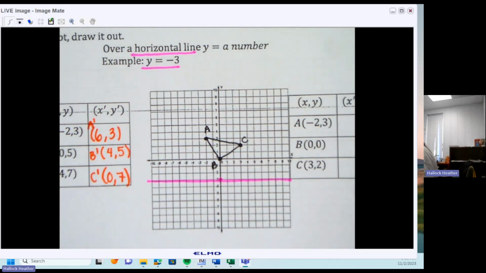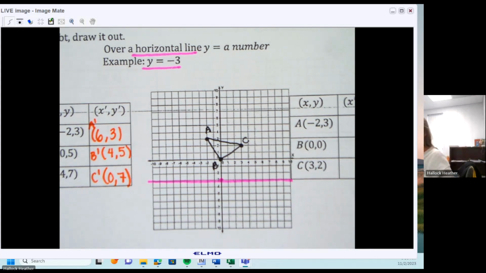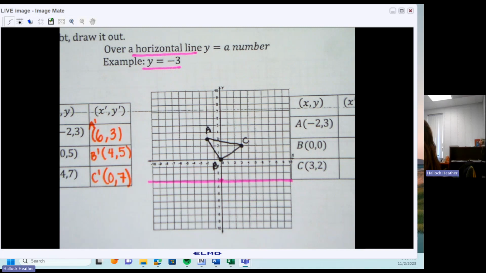Yes, -3, 3 down from the origin. So use your counting method, try to figure out where B is going to fall, where C is going to fall, where A is going to fall. So instead of going side to side, you're going up, and you're going to go that same distance down.